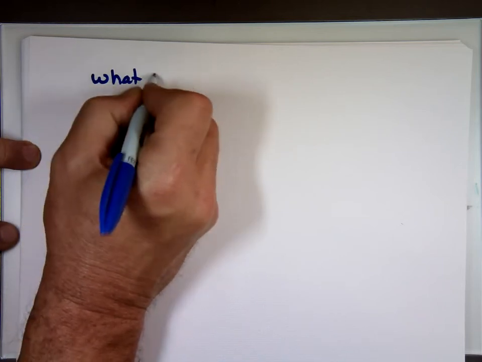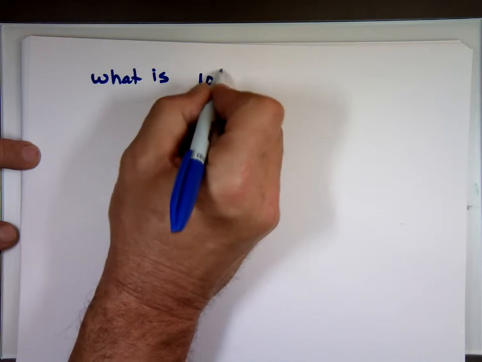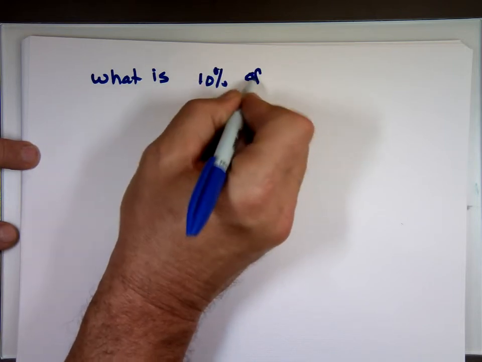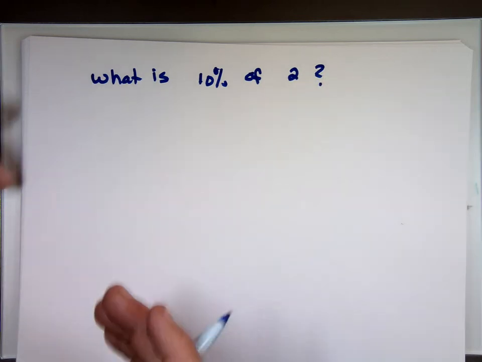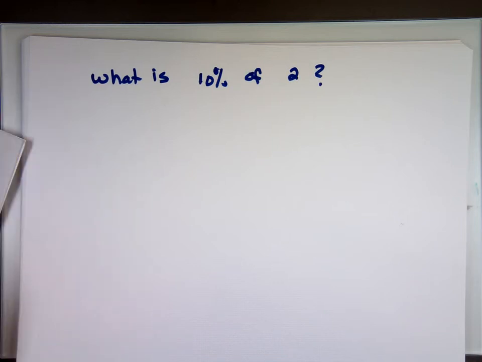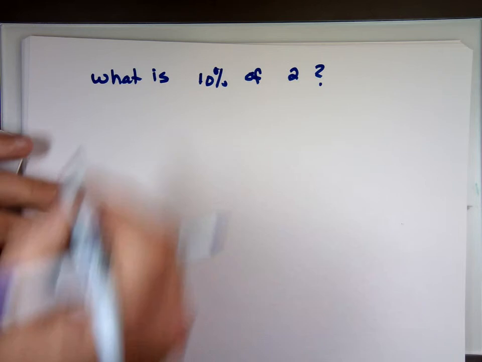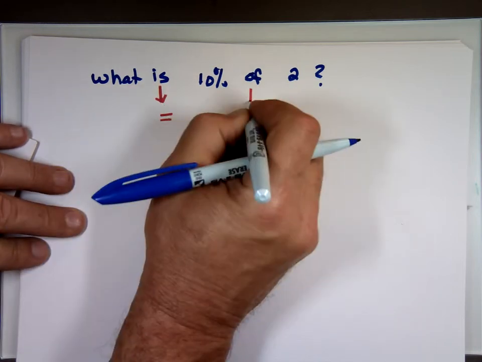What is 10% of 2? The old method. By the way, if the book says translate, is means what? Equals. Of means what?